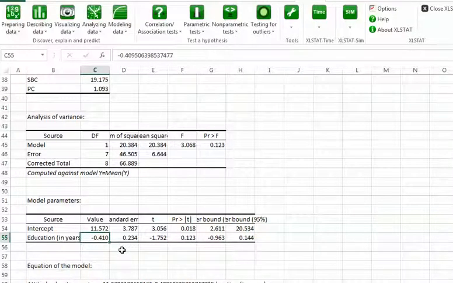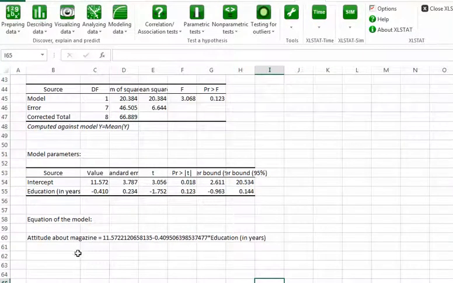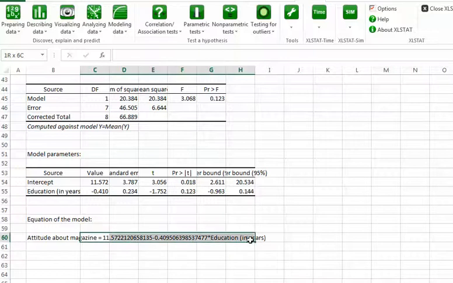What it's telling us is that for each additional year of education, people are going to like this magazine 0.41 less. So you can imagine that the more educated people are, the less they like this magazine. And here we can also see this is our formula, the equation of the model.